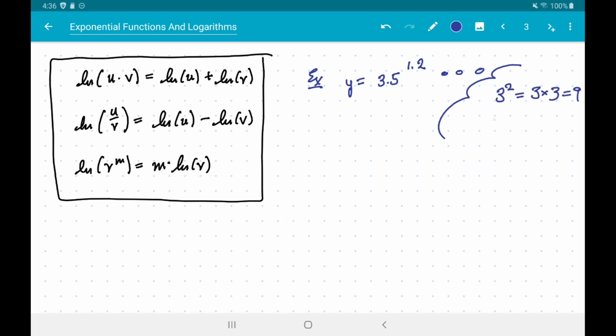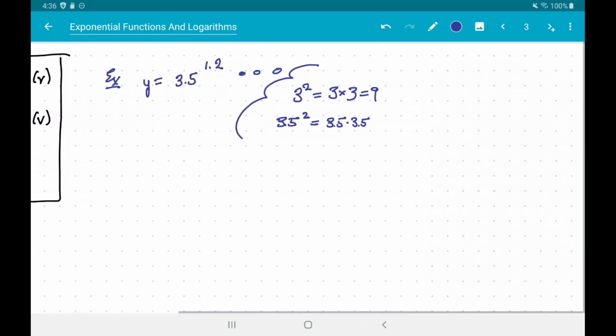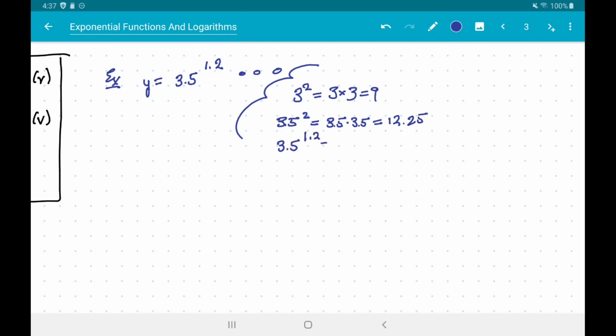But 3.5 squared is going to be 3.5 times 3.5. That's maybe a little bit more work. That turns out to be 12.25. But then 3.5 to the 1.2, how am I going to accomplish a fractional power?